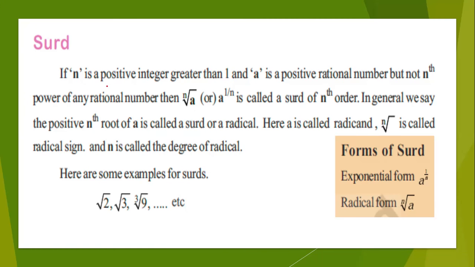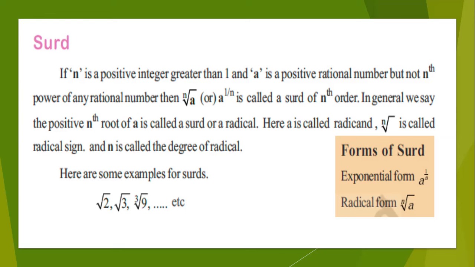What is a surd? You may observe on the screen. If n is a positive integer greater than 1 and a is a positive rational number but not the nth power of any rational number, then the nth root of a is called a surd of nth order.